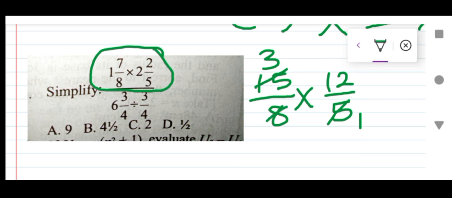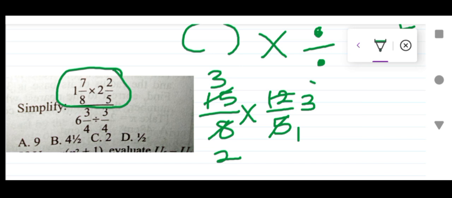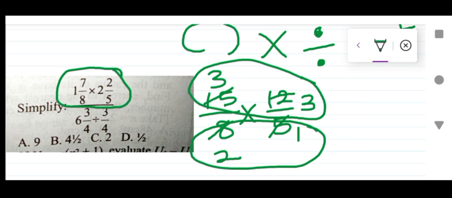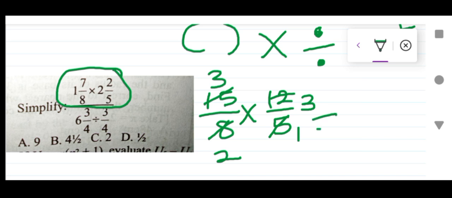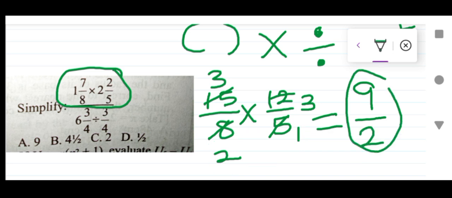So 4 here will give us 2 and 4 here will give us 3. Then at the numerator we have 3 times 3, which is 9, and at the denominator we have 2 times 1, which is 2. So this is for the numerator that we have just solved.